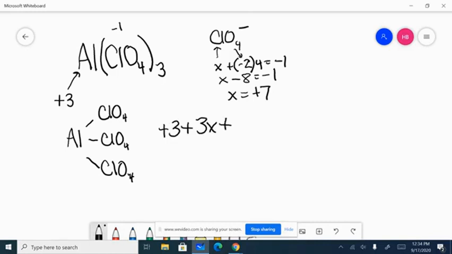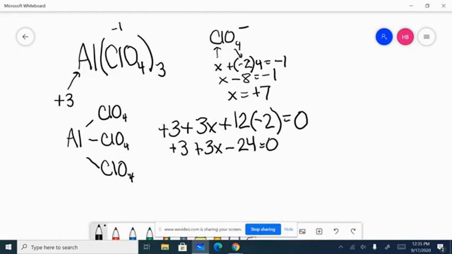I know that I have 12 oxygens that have a charge of -2, and I know it's a compound, so it's electrically neutral. So 3 plus 3x minus 24 is equal to 0. So 3x is equal to 24 minus 3, or 21, and x is equal to +7.